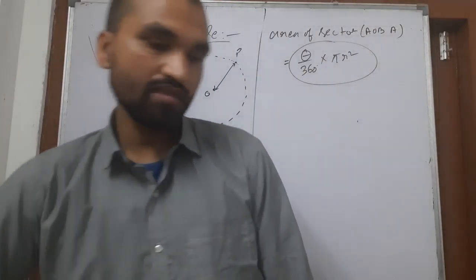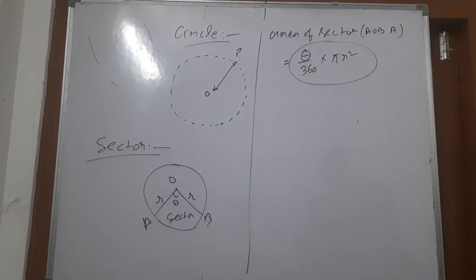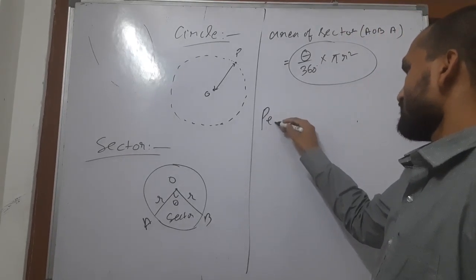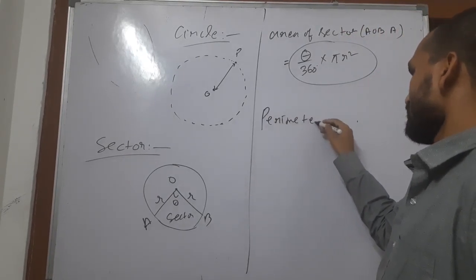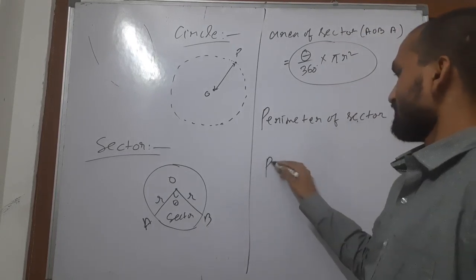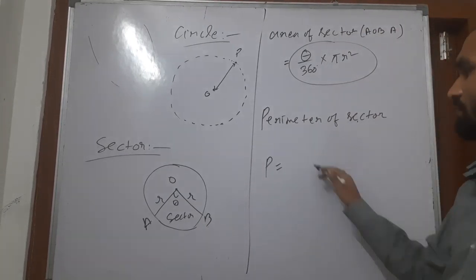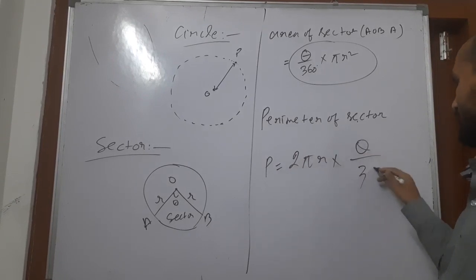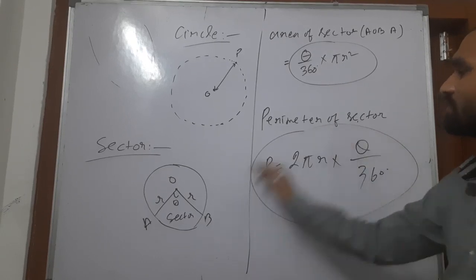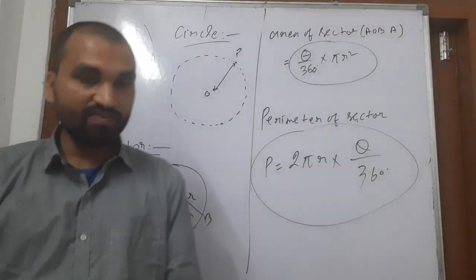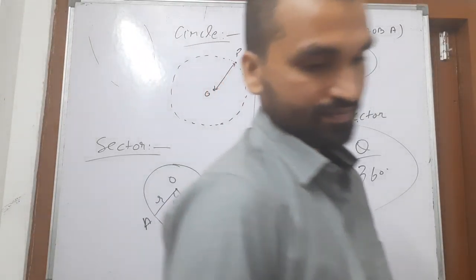Okay, this is the area of sector. Now we should also discuss the perimeter of sector. Perimeter of sector P is equal to what? There will be 2 pi r into theta by 360 degrees. These formulas are very important from the point of view of circle.